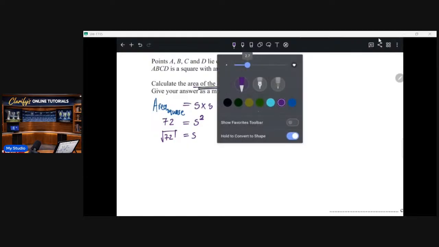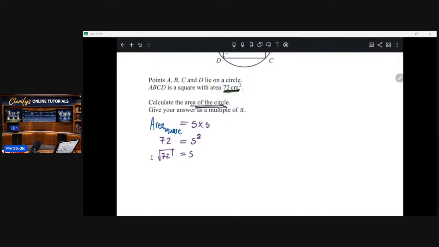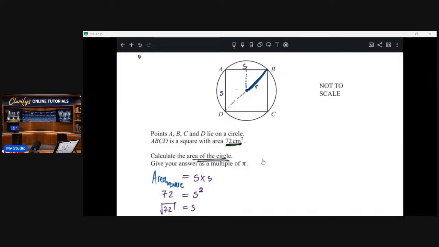We can leave it as root 72. It's 8.5, is it a straight answer or did you round it off? No, we don't want the rounded off one. We don't want to round off right now because we haven't noted the final solution. So we don't round off too early. Just go step by step.